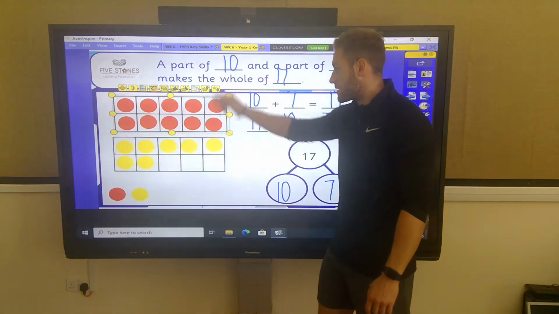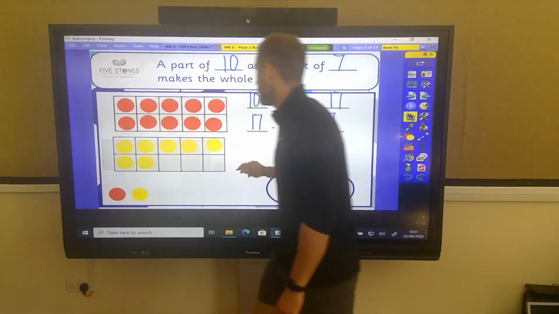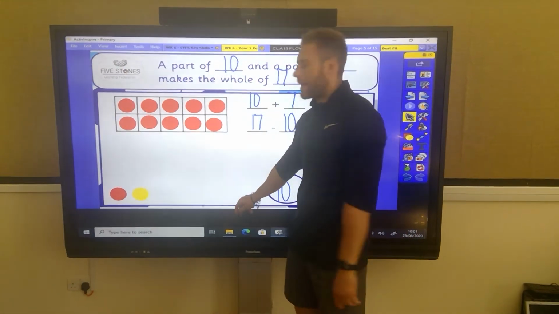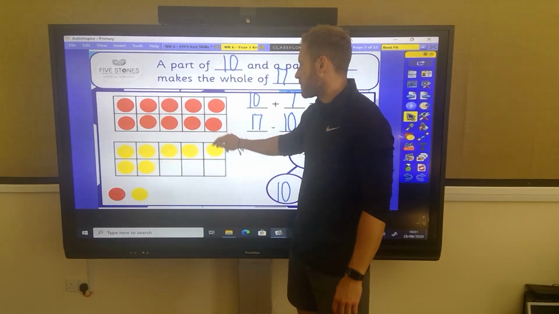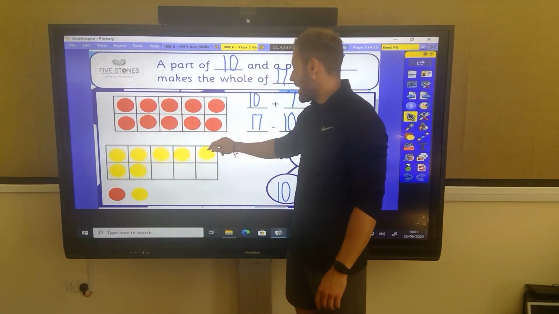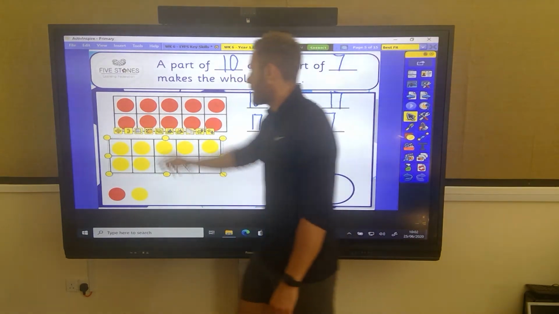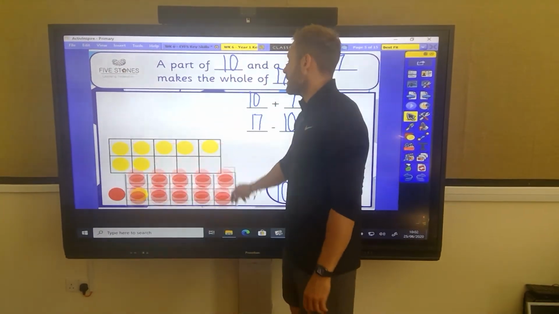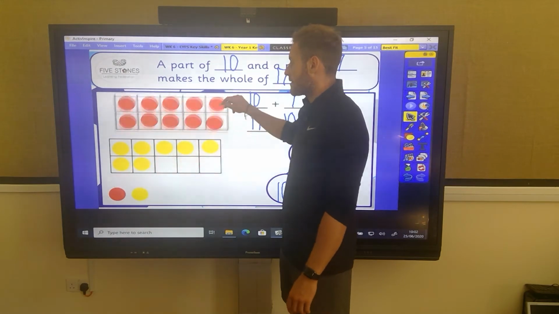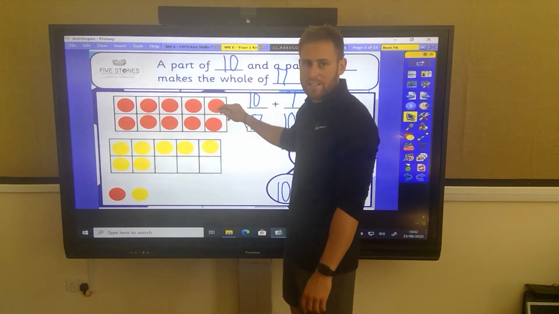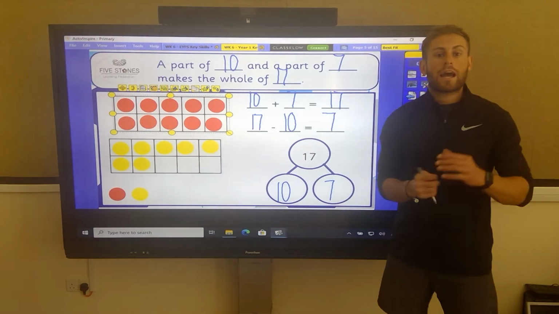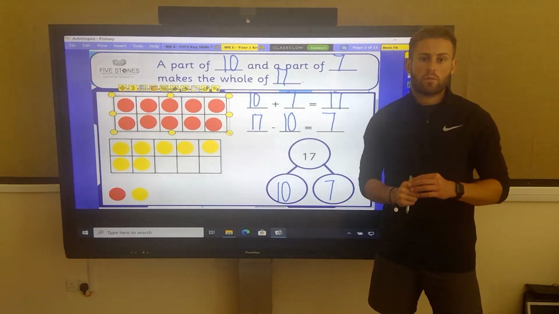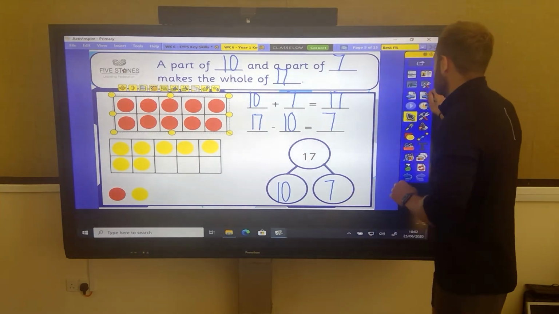I might have 17, but then take off the 7, and I'm left with 10, aren't I? 10 add the 7 gives me 17. 7 add the 10 will give me 17. So these addition and subtraction number sentences can be manipulated to work in 2 different ways each.